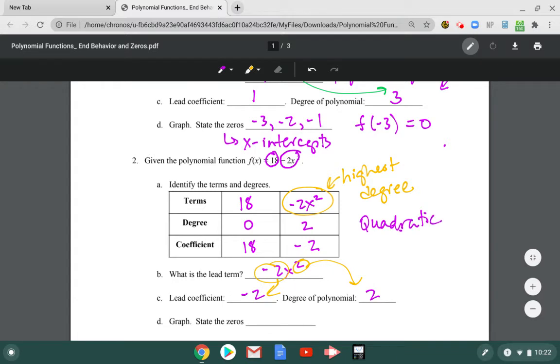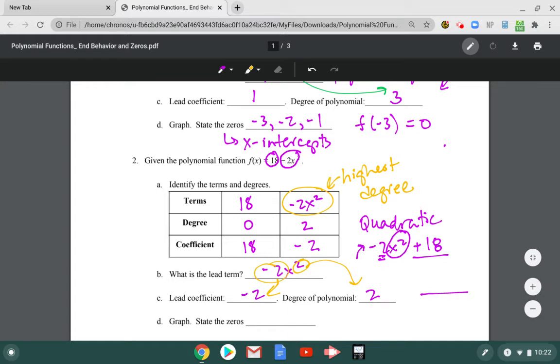So we can think of this as a transformation of x squared. And as I'm looking through the transformations, I've got only transformations outside of the function, outside of the x squared. So I've shifted it up by 18. I have a stretch here of 2 and a reflection, which is my negative.